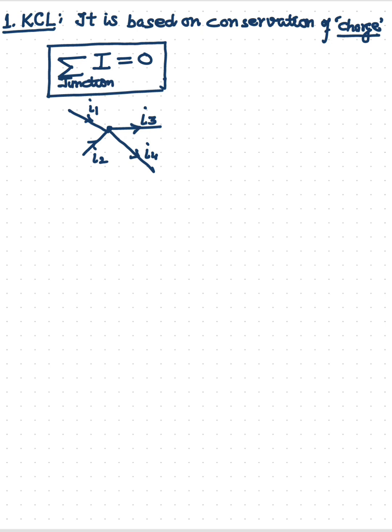So at the junction, sum of all currents: I1 plus I2 minus I3 minus I4 equals 0. And why are I3 and I4 negative? Because they are outgoing currents.